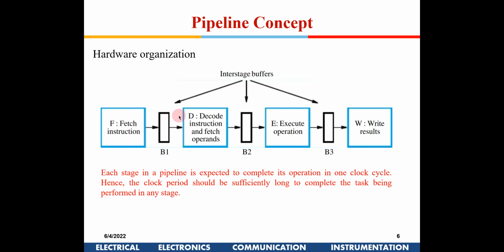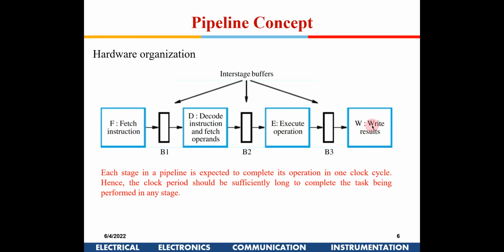Now, like we discussed earlier, since we have divided into 4 different stages, we need to insert buffers at each of the stages, right? Because in one cycle the output of the execute is available here. Now it is being written to the register or to the memory, while the execution unit is performing the next action.